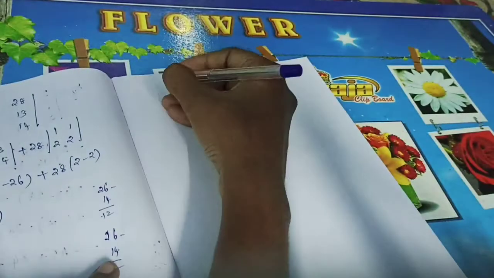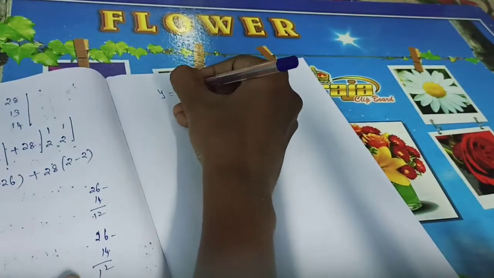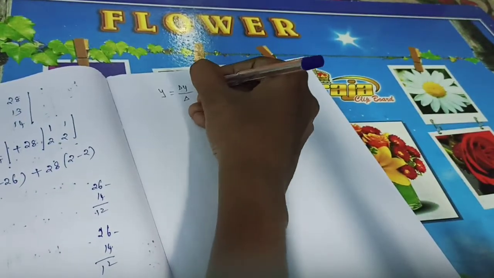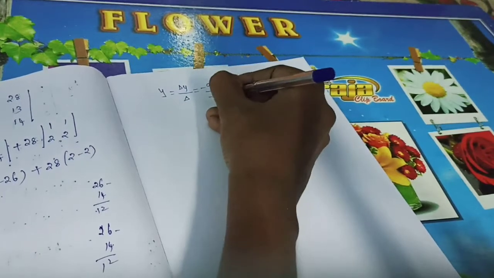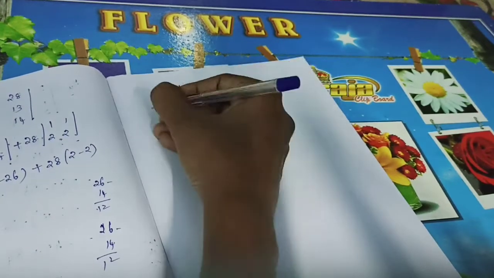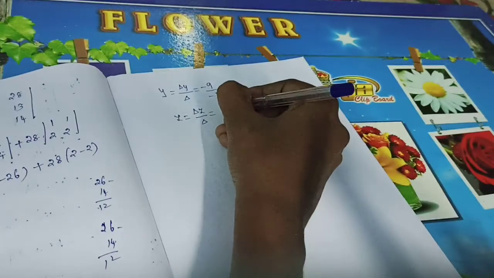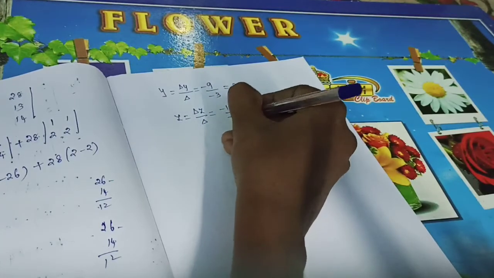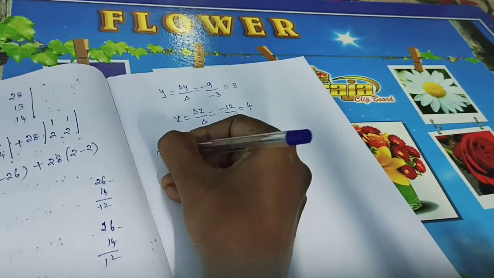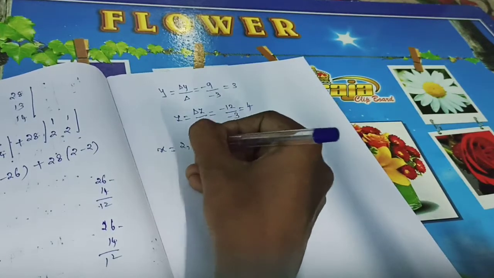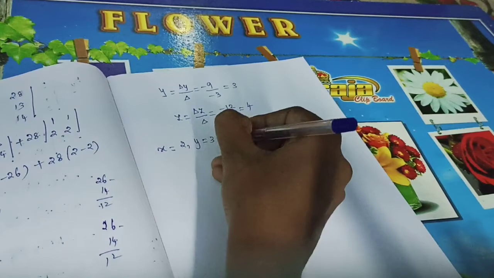Correct? Then how will you find y? Y is equal to delta y by delta, that is equal to minus 9 by minus 3, so that's equal to 3. Then z is equal to delta z by delta, that is equal to minus 12 by minus 3, is equal to 4. Now you got the value x as 2, y as 3 and z is 4.